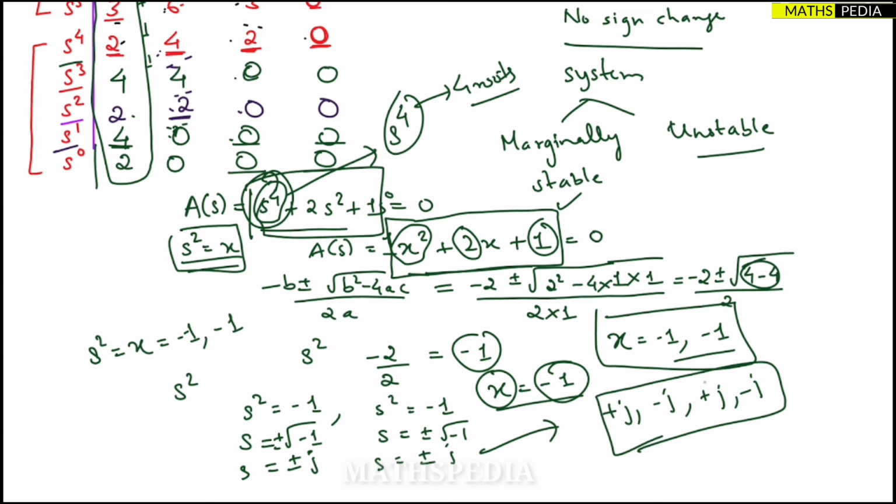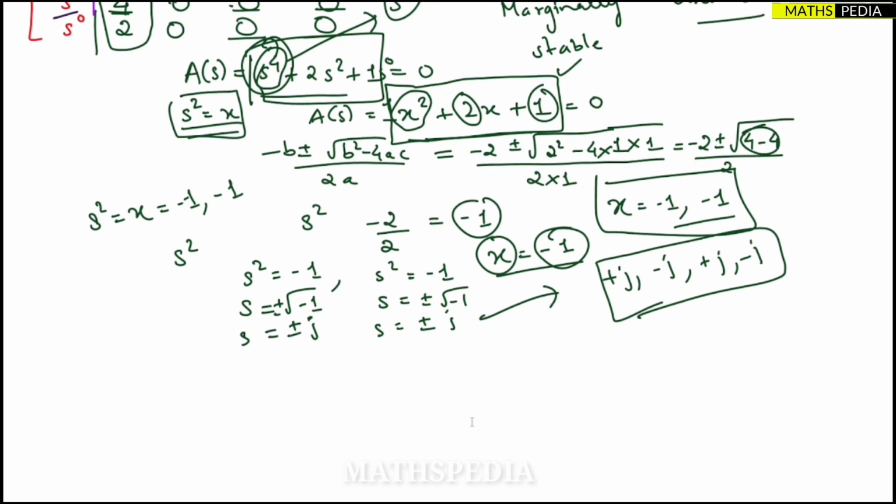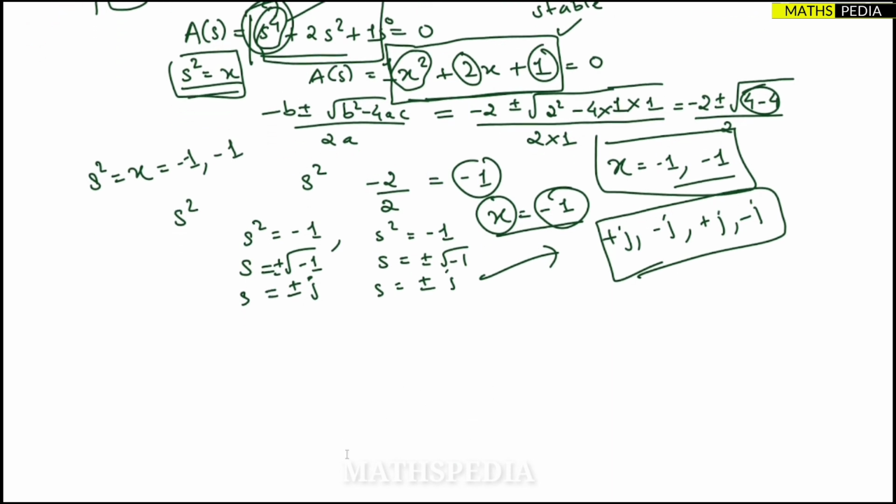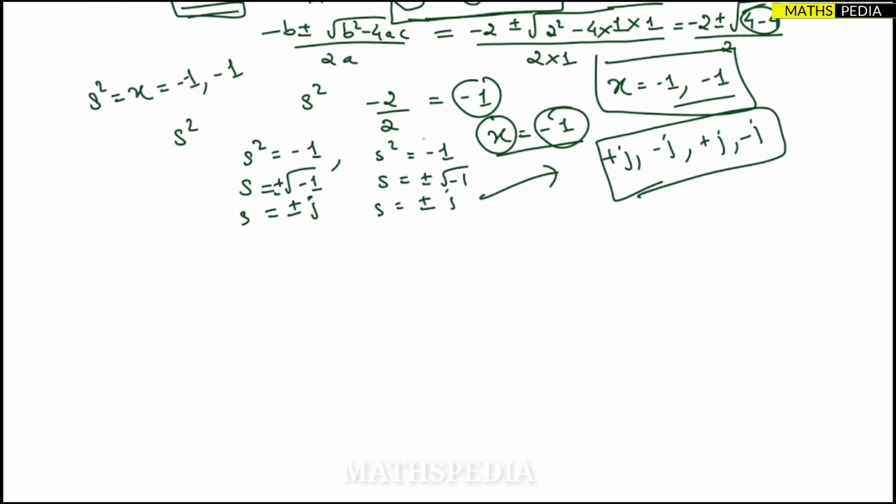As I said before, if you try to draw the s plane for this particular system, this is the imaginary part, this is the real part. So we are having roots only on the imaginary axis, that is plus j, minus j, like that. Okay, so let us assume here it is 1j on the imaginary axis, right?